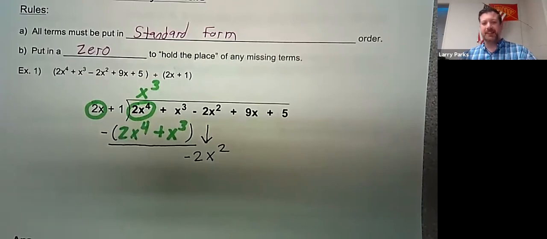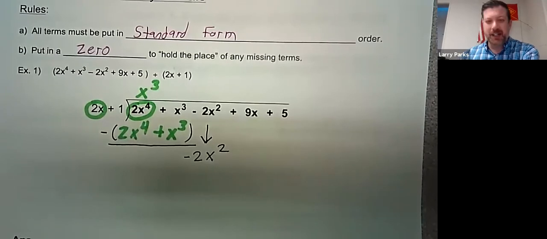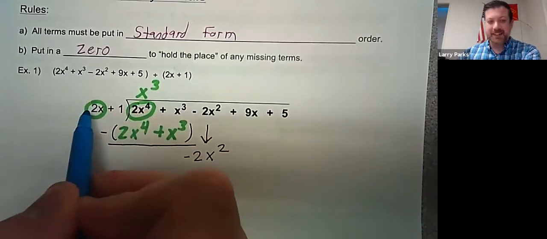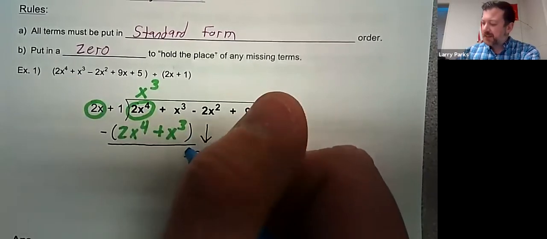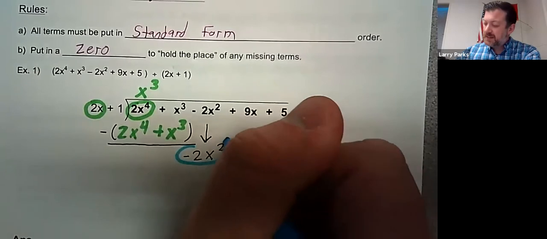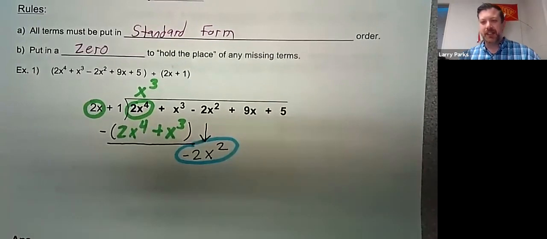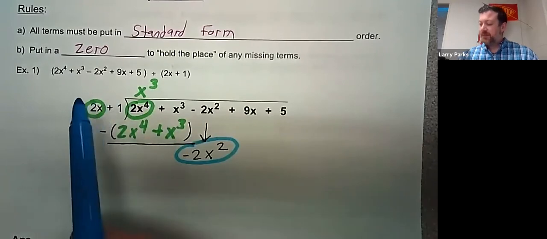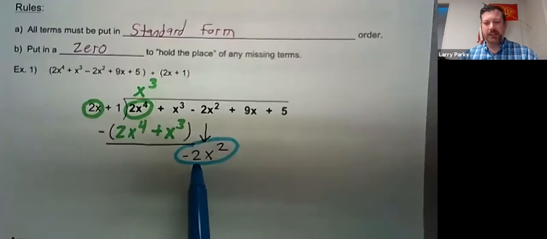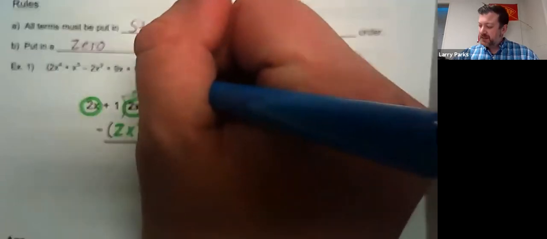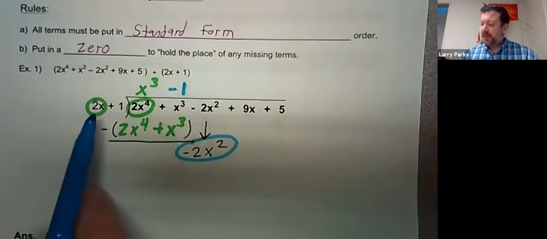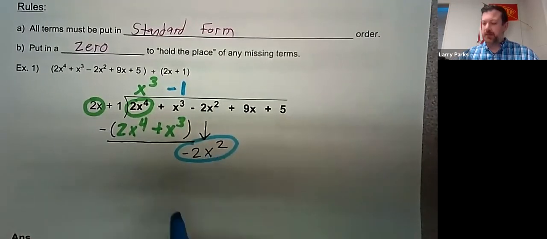All right, next we're going to see 2x. So this 2x again times what is -2x squared? Well, 2, I would need a -1 to get to -2. And then x times what is x squared would just be x.